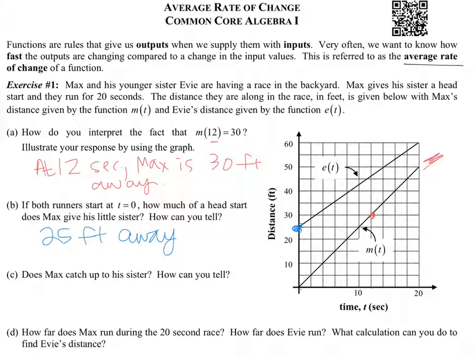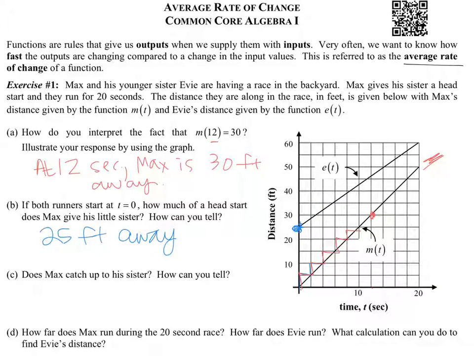Does Max catch up to his sister? How can you tell? If you look, Max is going up 5 over 2, up 5 over 2, up 5 over 2, up 5 over 2. But then you look at Evie, and it looks like she's going a whole lot slower. If she was going up 5 over 2, it would look like this, but she's not.